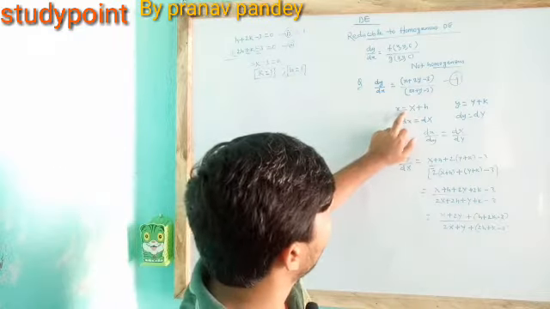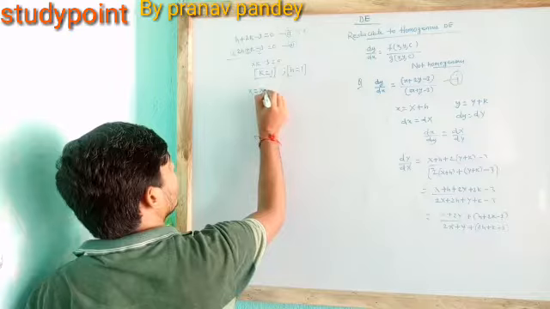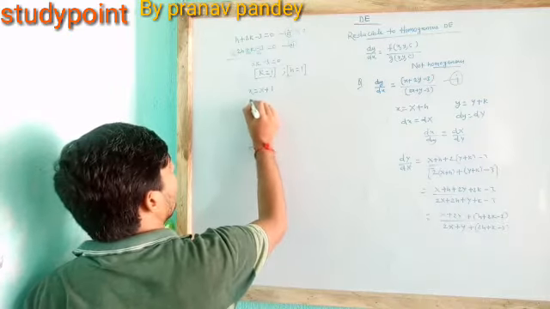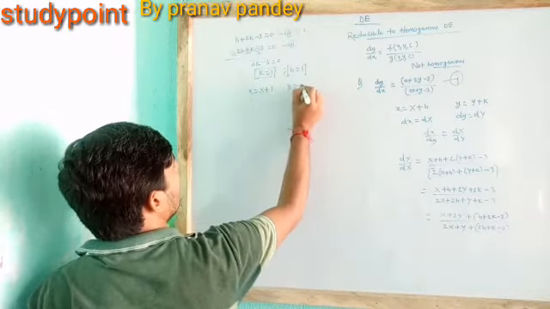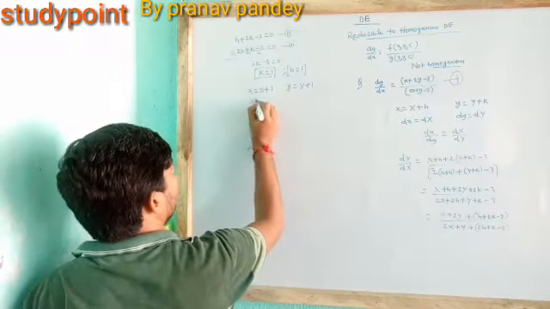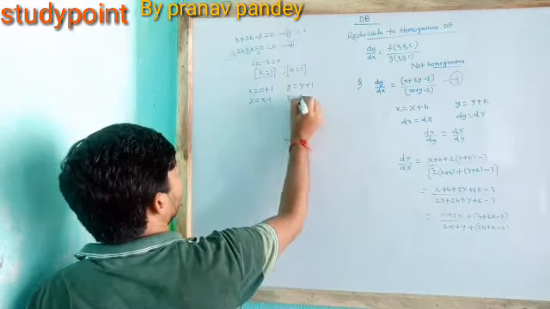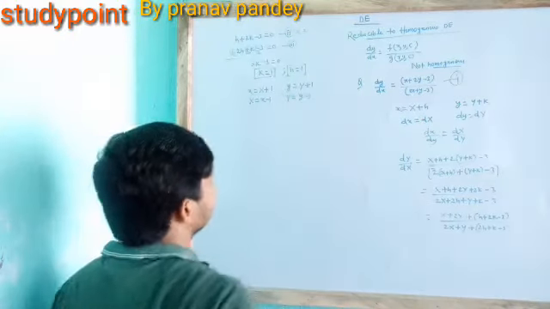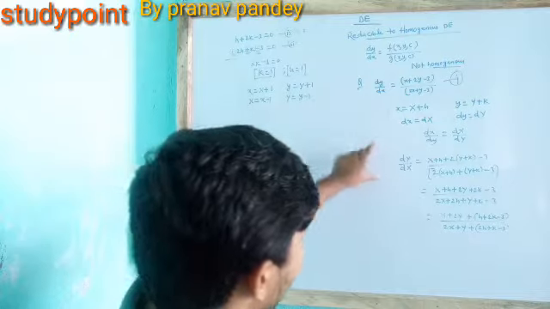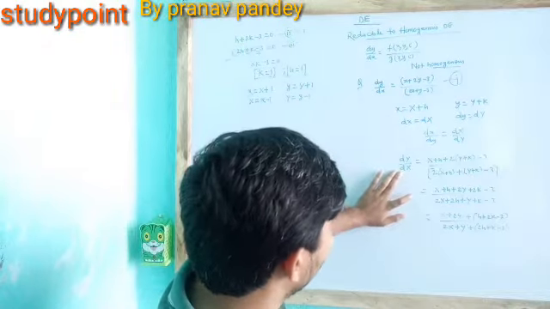Now we will put the values here. Small x is equal to capital X plus 1 and small y is equal to capital Y plus 1. From here we can write capital X is equal to x minus 1 and capital Y is equal to y minus 1. Now this is the relation for dy by dx.